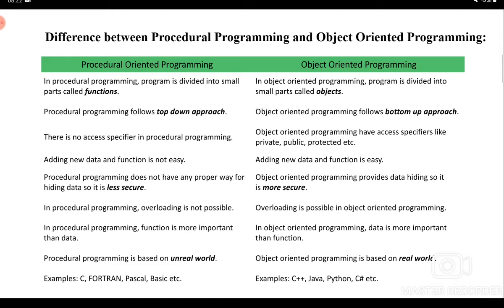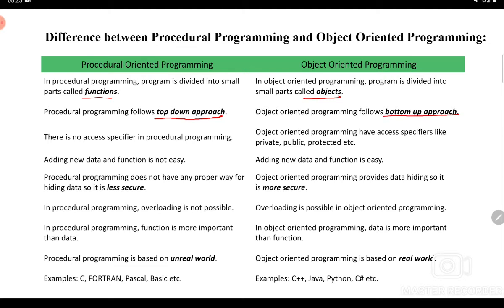In procedure oriented programming, a program is divided into small parts known as functions. On the other hand, in object oriented programming, these small parts are called objects. So it is more about handling objects rather than functions. In procedural programming, we strictly follow a top down approach. In object oriented programming we follow a bottom up approach.